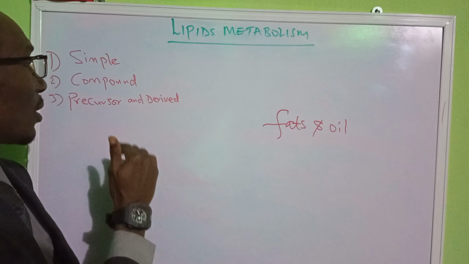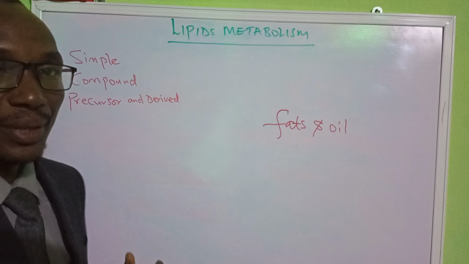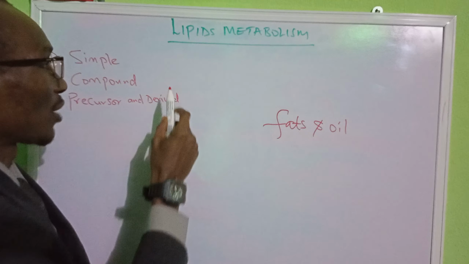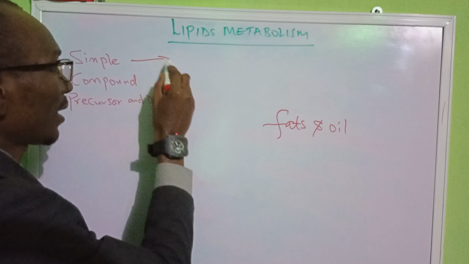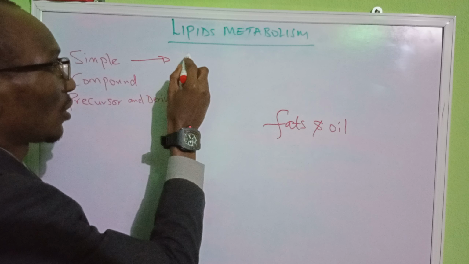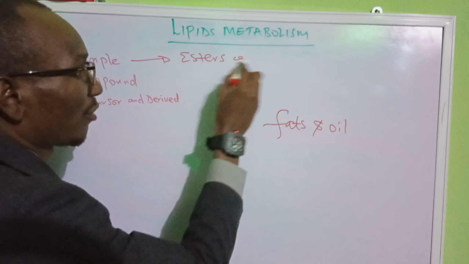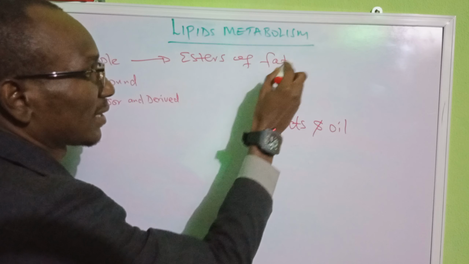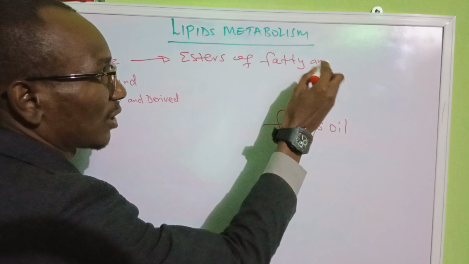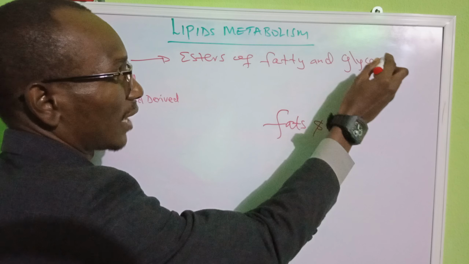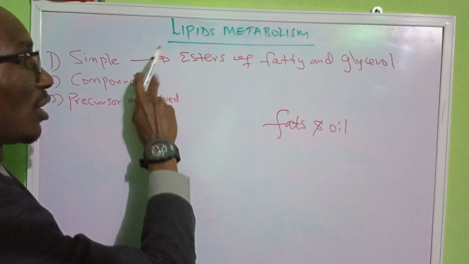When we talk of simple lipid, it forms as a result of esterification. It is an ester of fatty acid and glycerol. That is what we mean by simple lipid.